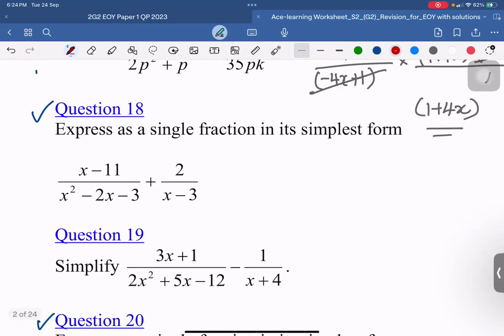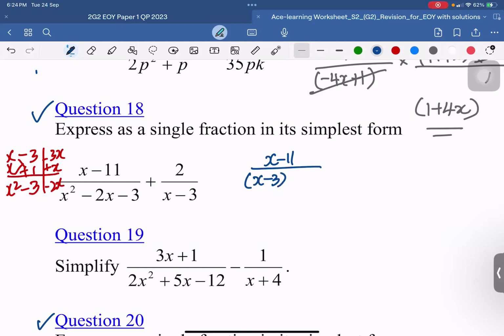Menu 5 to 2. Or some of you do your mental sum one. Quickly tell me what is the answer after you do your menu 5 to 2. What do you get? I use mental sum. Is it correct? What do you get? Yes, so the answer will be x.